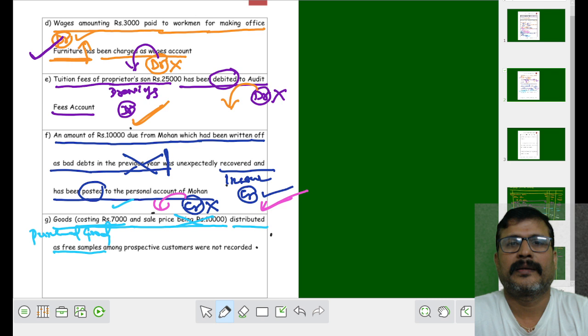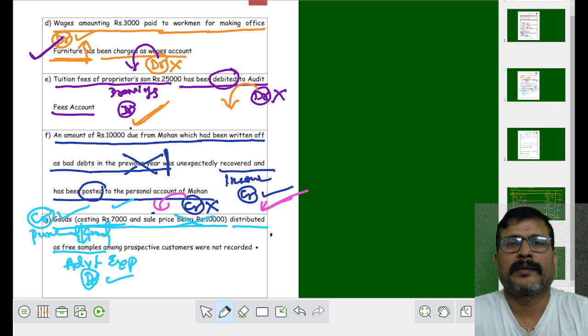When you distributed purchased goods as a free samples, purchased goods means the goods decreased, it is to be credited as a correct entry. When distributed as a free samples means advertisement expenses. Advertisement expenses is to be debited as a correct entry. I hope you got it.